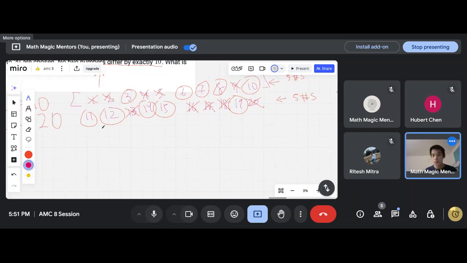But let's just try to get the answer in the most efficient way possible. We have to pick five numbers from 1 to 10, and five numbers from 11 to 20.